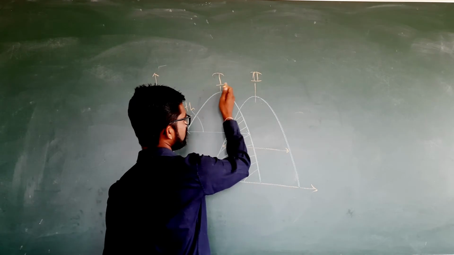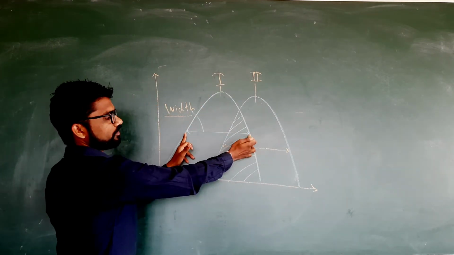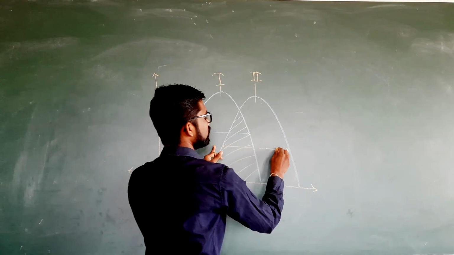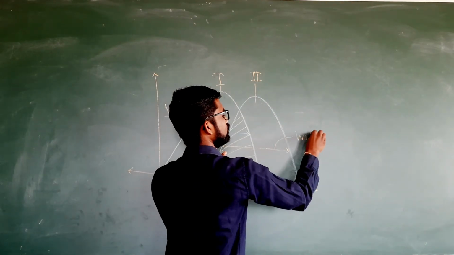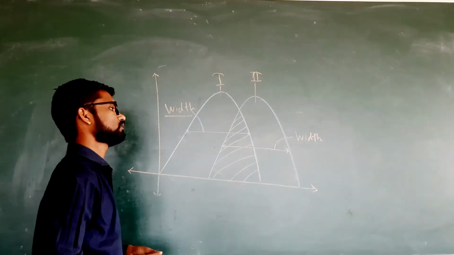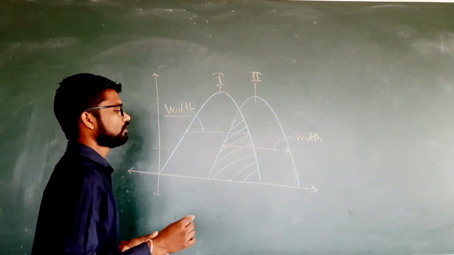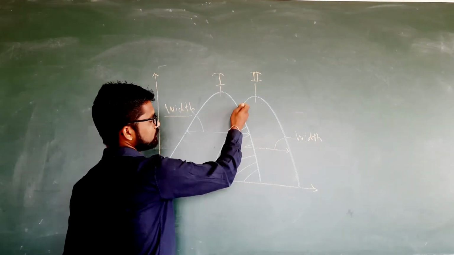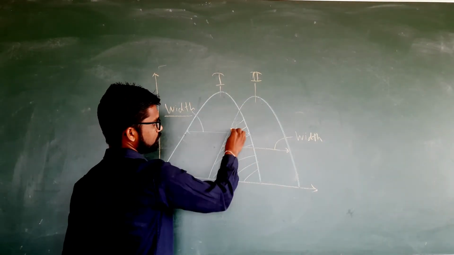The first is where the width is measured, and the second is this width, the niche width. The other one is the niche overlap. We can see this shaded area.